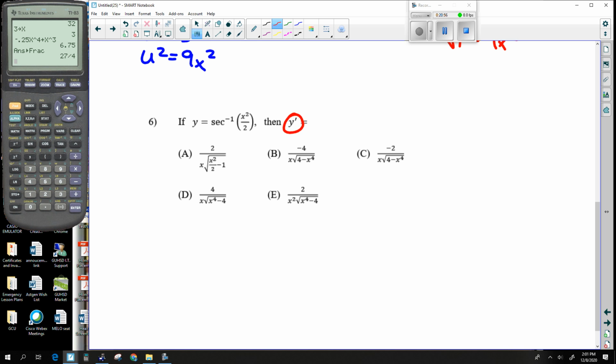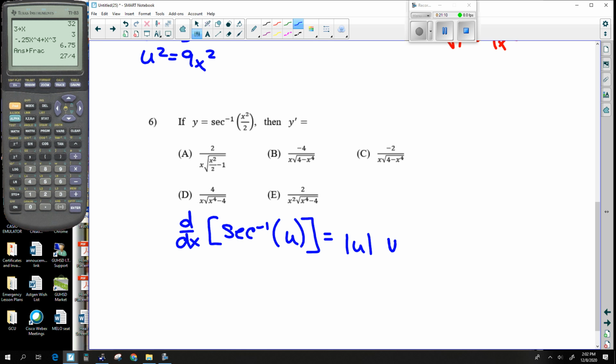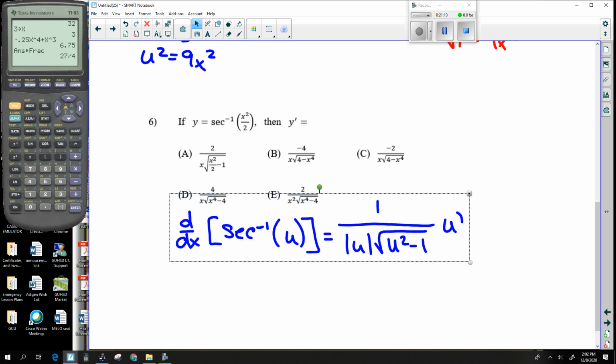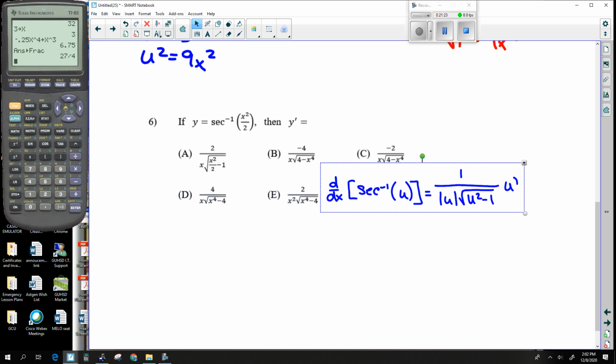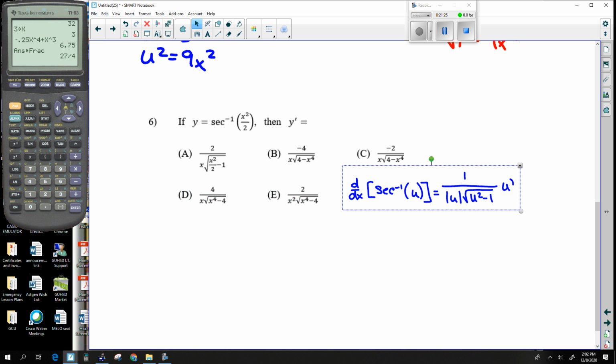Again, this is asking for a derivative. So let's remind ourselves what the derivative of the inverse secant is. Okay, so this is what the derivative is.